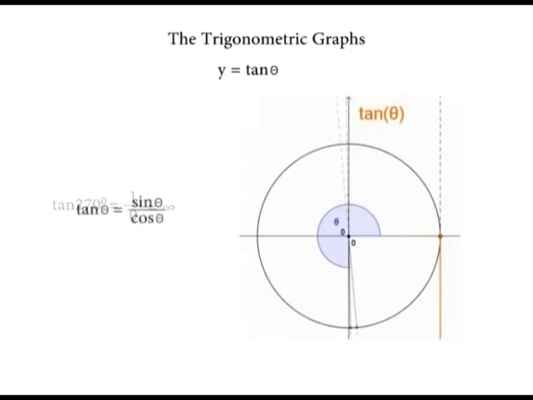In the fourth quadrant, sine decreases and cosine increases, and so tangent decreases up to 360 degrees. Here, sine is 0 and cosine is 1, and therefore it means tangent is 0 over 1, which gives us 0.